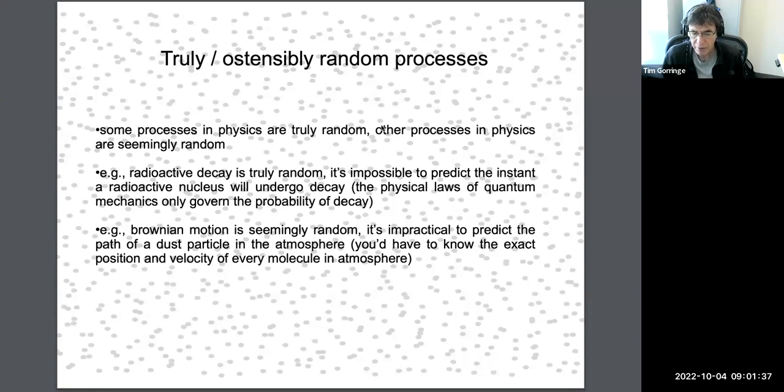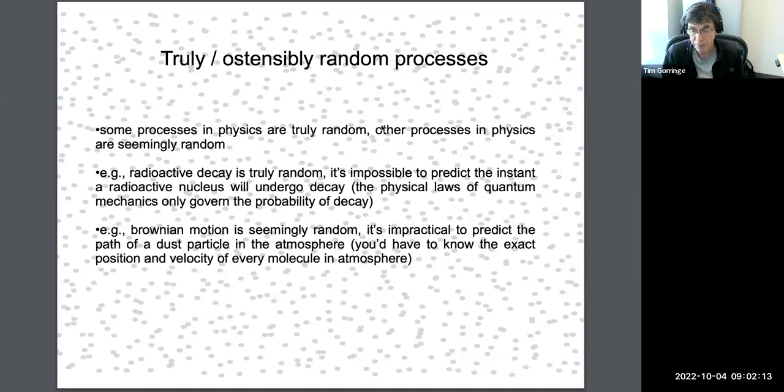On the other hand, the motion of a dust particle in the atmosphere, that's called Brownian motion of the dust particle in the atmosphere, is a process that's seemingly random. In principle, if we knew the positions and the velocities of all the molecules in the atmosphere, we could calculate all the collisions of the dust particle with all the molecules and determine the path of the dust particle.